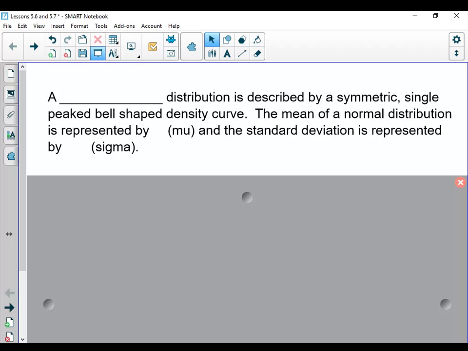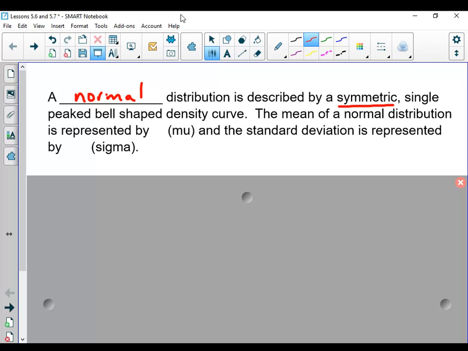Well, what we're going to look at is what's referred to as a normal distribution. And statistically, what they mean by a normal distribution is it's going to be something that can be described by a symmetric curve. We've talked about symmetric curves where we said one side's going to look essentially the same as the other.